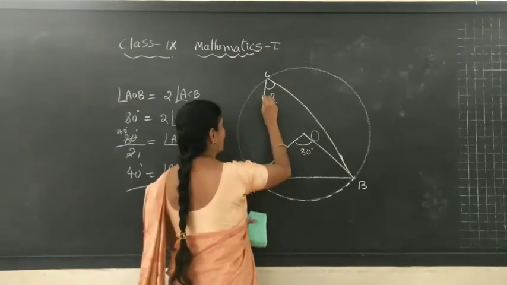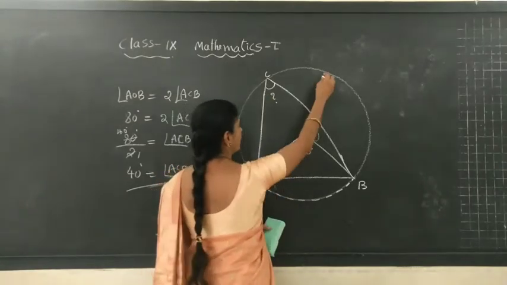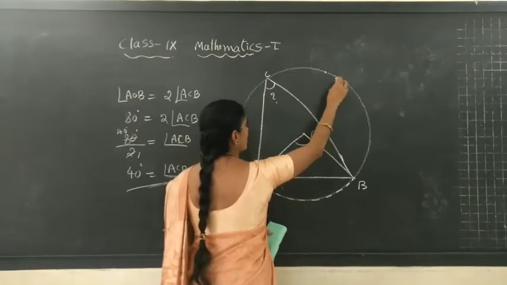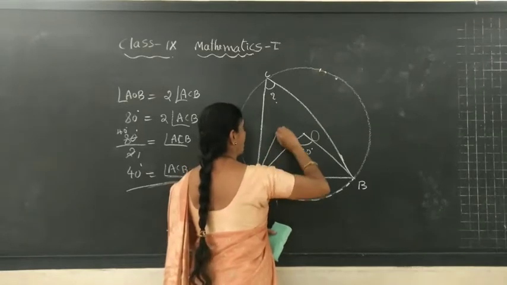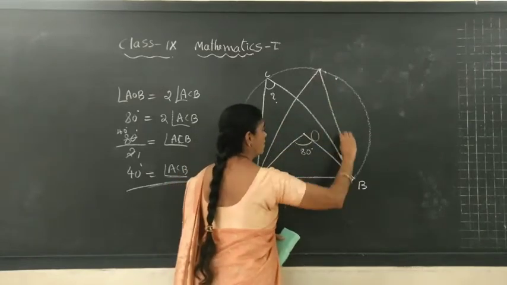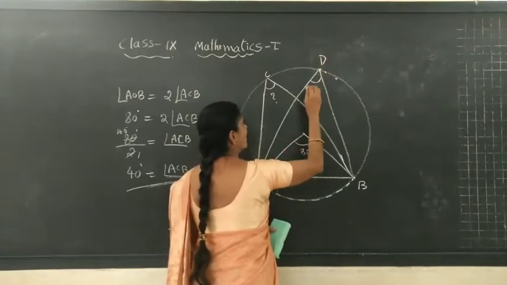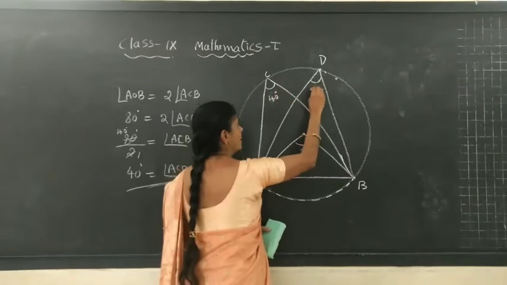Let it be the same diagram as the example. Now I will draw one more point here, anywhere we can draw, and one more angle. Now this is 40 degrees. What is the angle in this case?